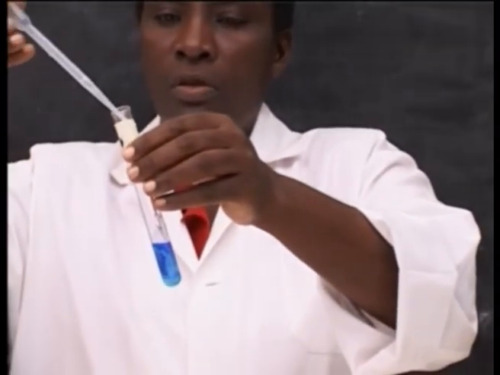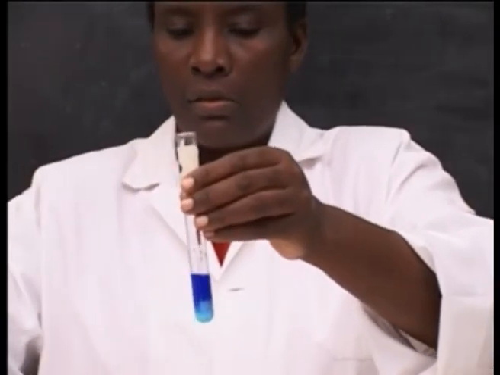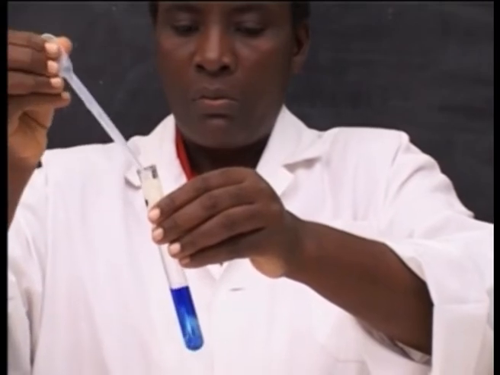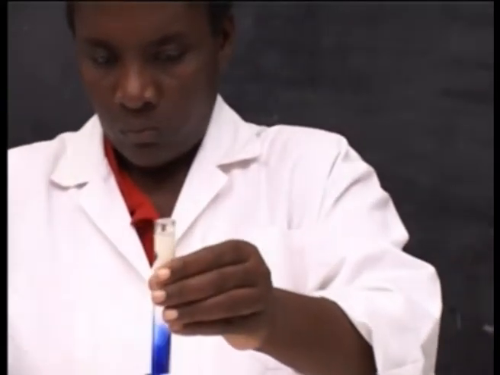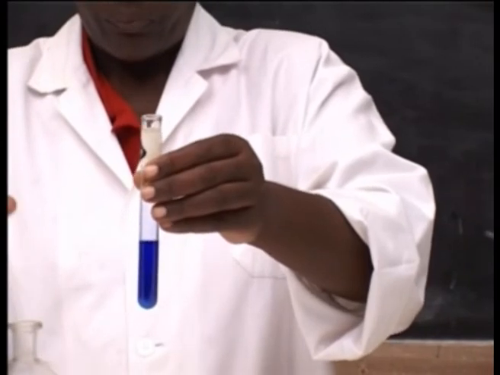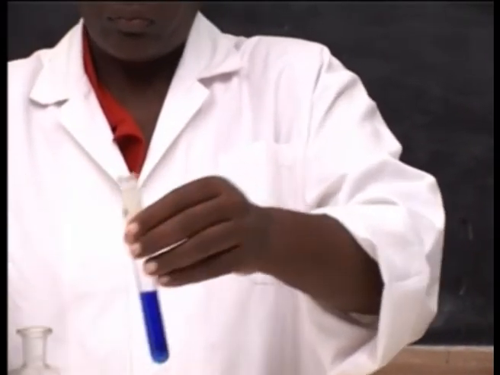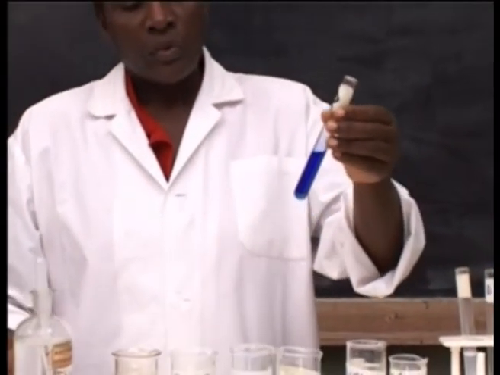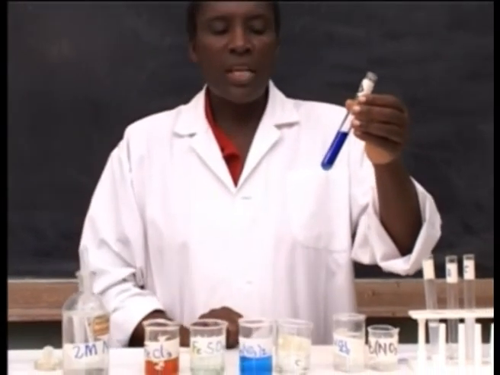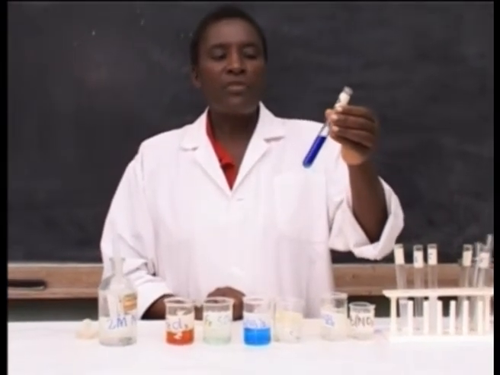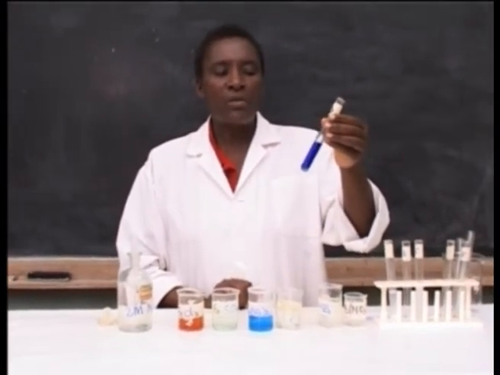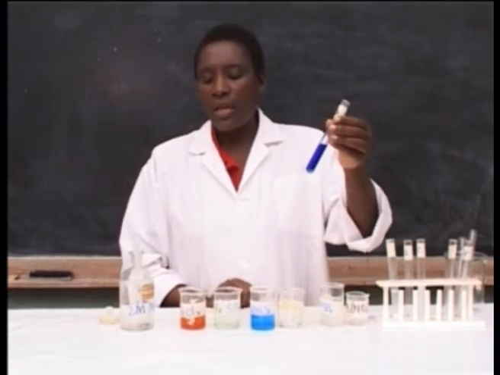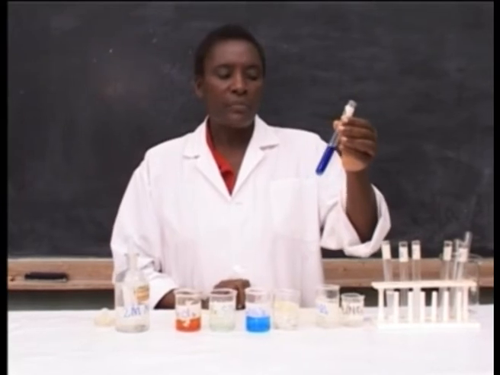Add the ammonium hydroxide in excess. In excess of ammonium hydroxide solution, there is a formation of copper hydroxide, which is soluble in ammonium hydroxide.